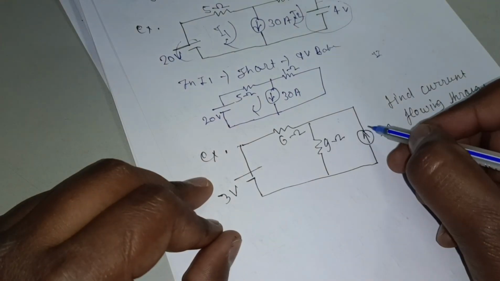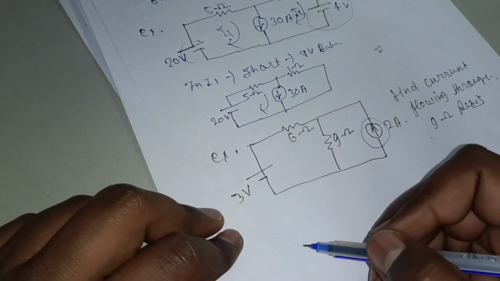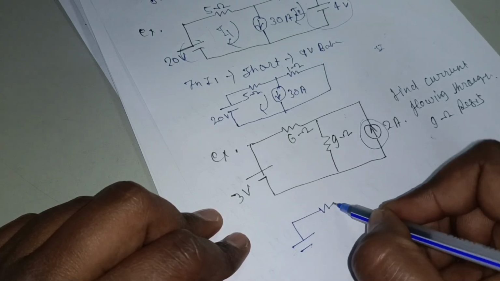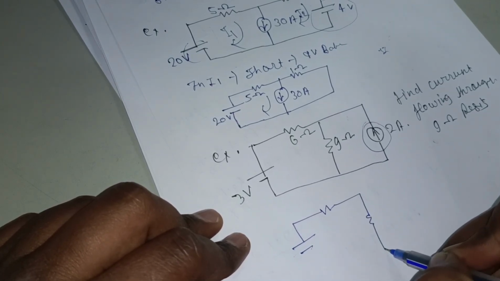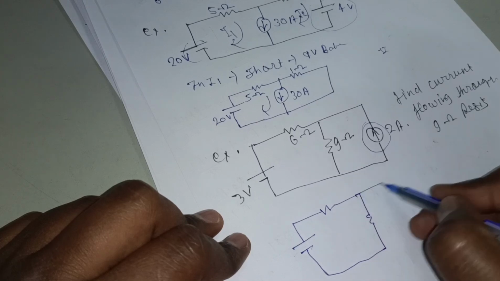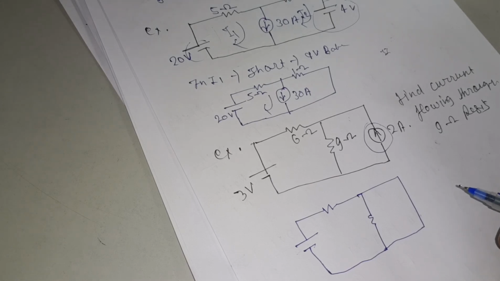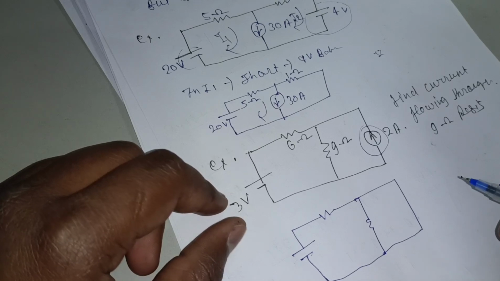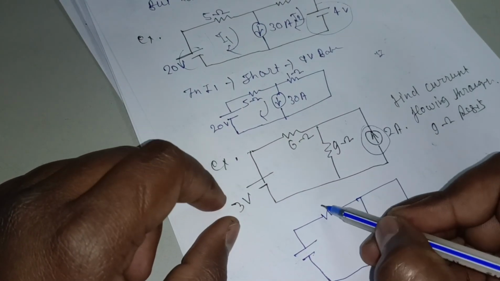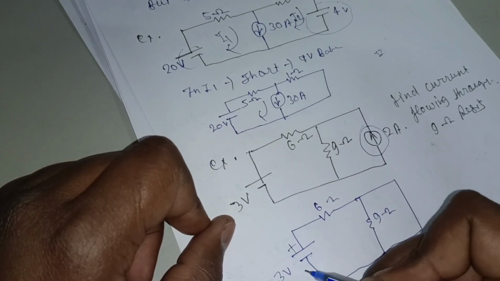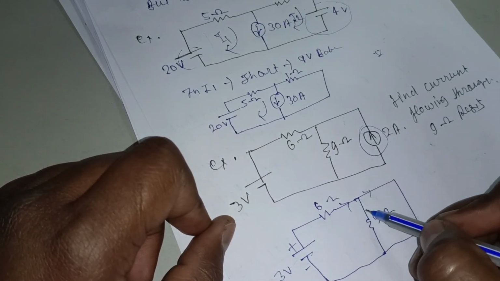Okay, so what we will do, we will again short this one. So I can write after shorting, it is simple. This is 6 ohm, 9 ohm, 3 volt. Current is flowing in this direction.